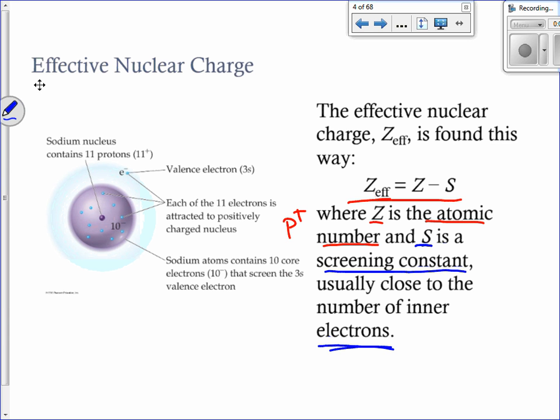So if you have more protons and fewer electrons, you're going to have a higher effective nuclear charge. If you have a lot of protons, but also a lot of core electrons, those core electrons are going to subtract out some of that pull from the nucleus, so you're going to have a little bit less effective nuclear charge. Okay?